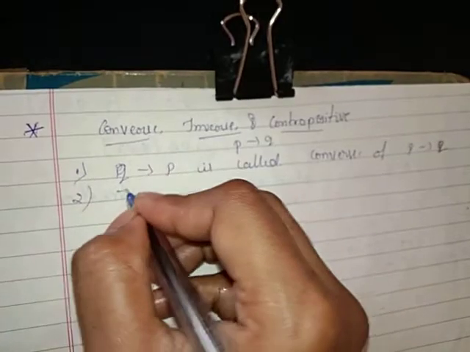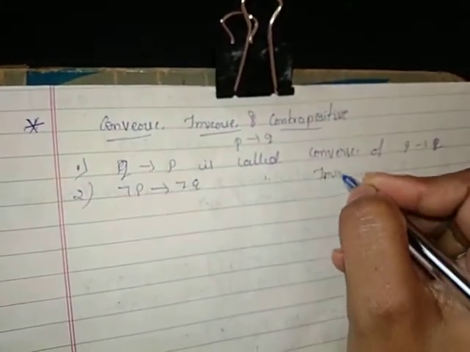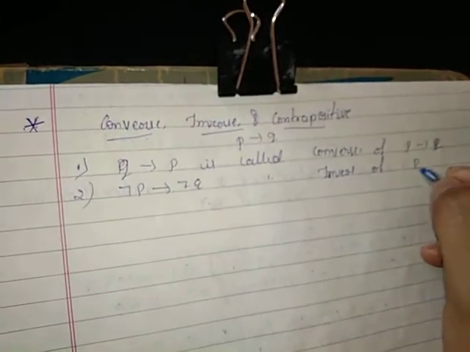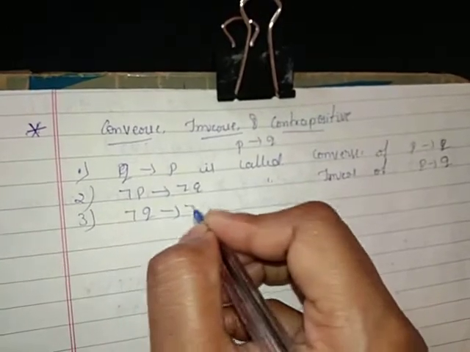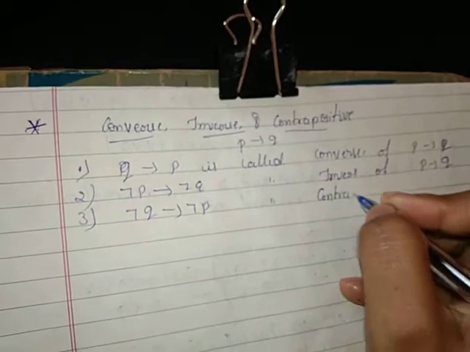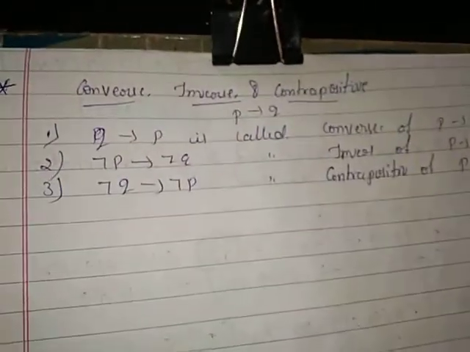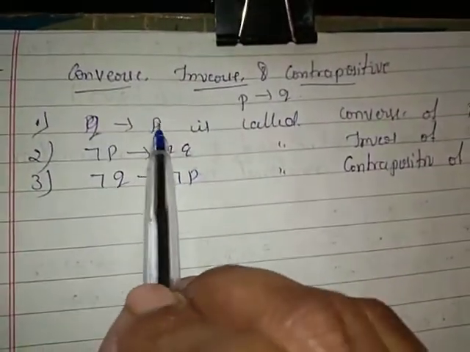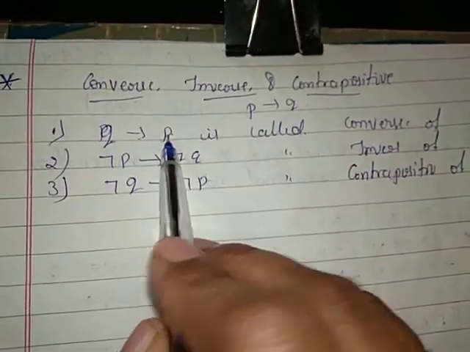Same as it is, negation of p implies negation of q is called inverse of the conditional p implies q. And next one, negation of q implies negation of p is called contrapositive of p implies q.